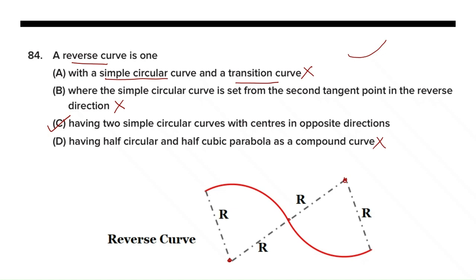It is used where a change in alignment is needed without shifting the lateral position too much. We can use reverse curves in railway and road designs where a smooth transition is needed between opposite curves. So our answer is option C.